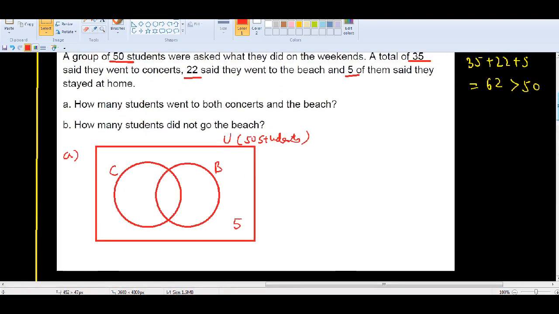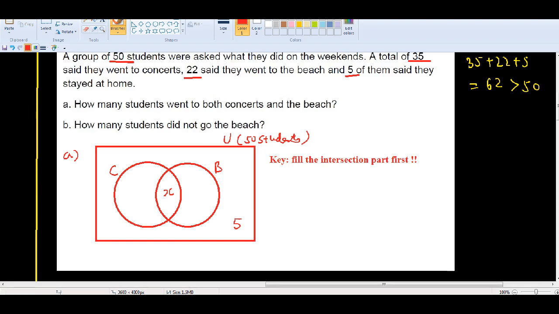But the intersection part is exactly what we're going to find. We don't know it, so you put X right here. So we know now 35 students went to concert, and X of them also went to beach.